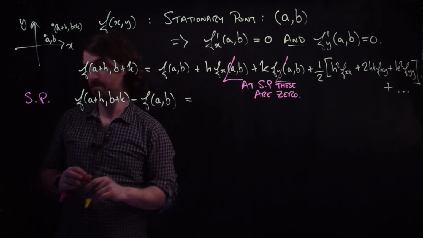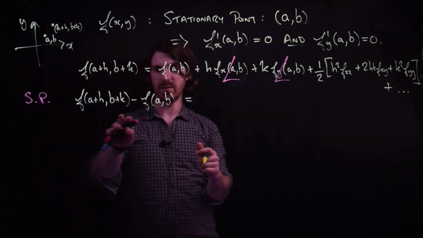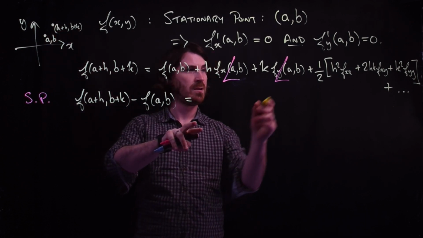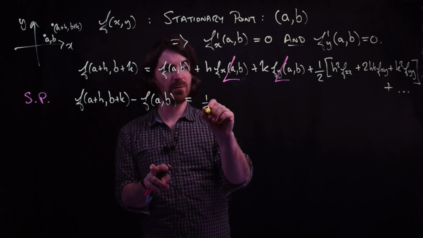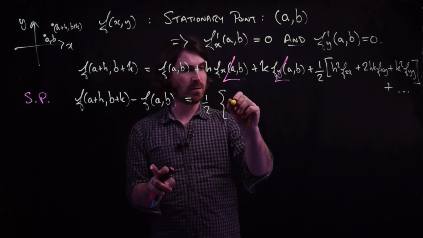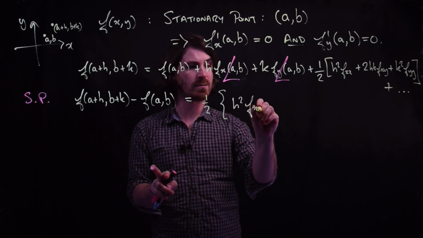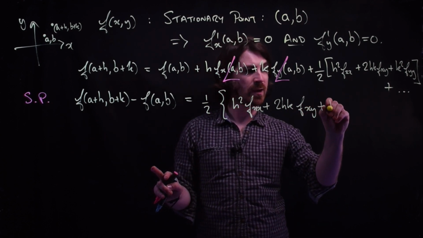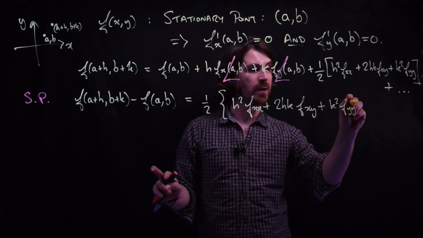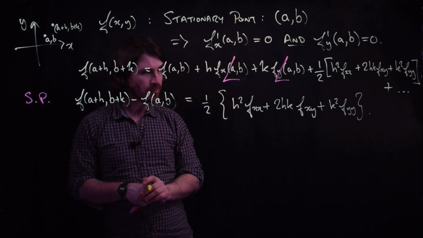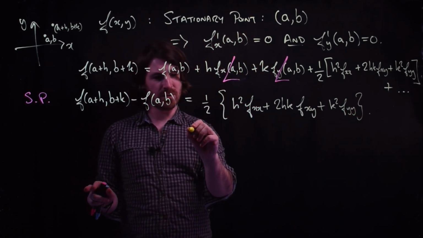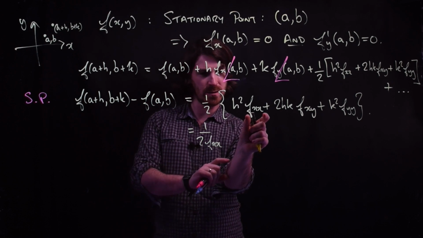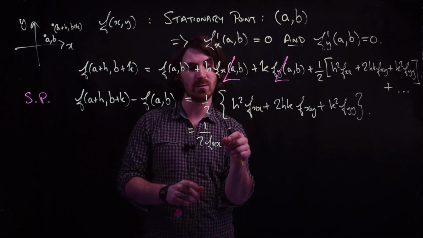So let me just clean this up. At the stationary point, the difference in our function at the two different points is 1/2, I'm going to use a curly bracket, h squared f_xx plus 2hk f_xy plus k squared f_yy. Now I'm going to take out a factor of f_xx, because remember, this is a derivative, but it's evaluated at the point (a, b), so it's just a number.